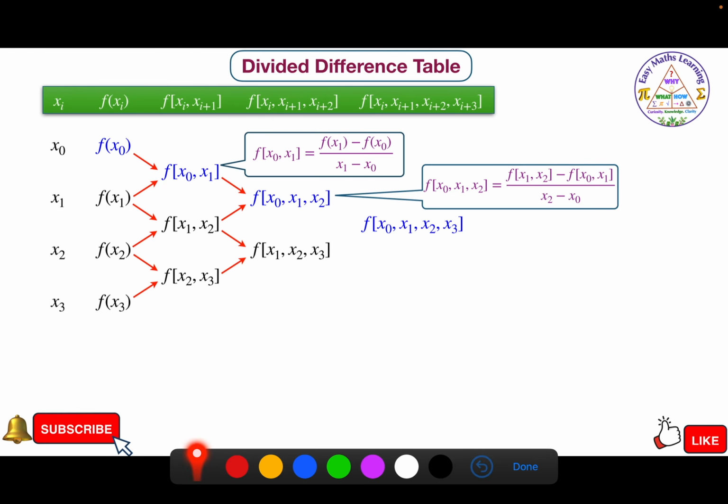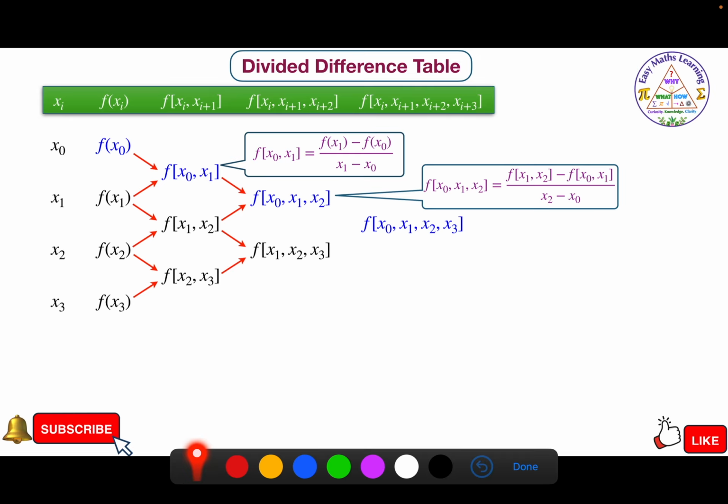Now observe the pattern. Each value is computed from the two values directly to its left. This value is calculated from these two values. This value is calculated from these two values.